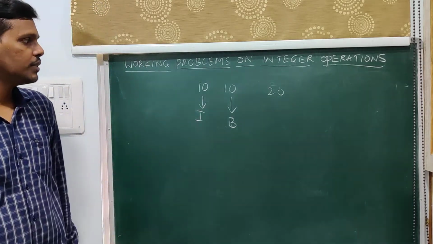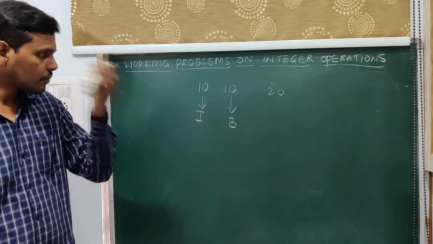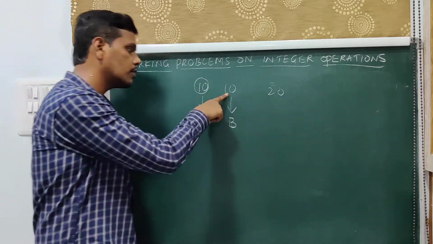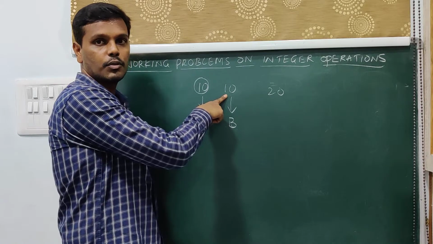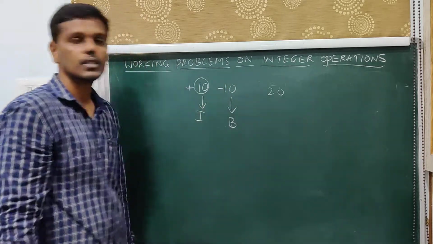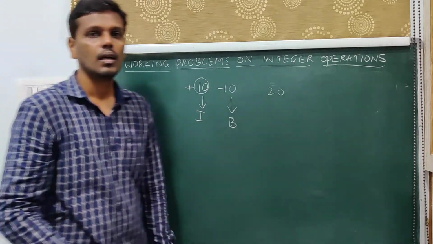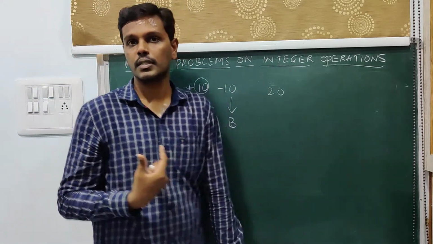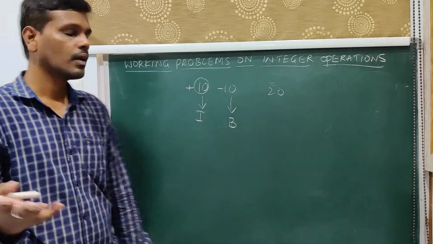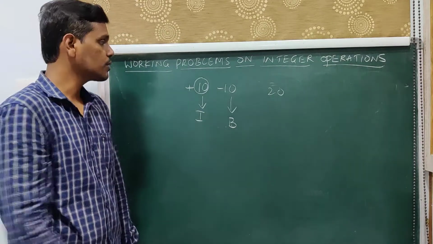Of course the value might be the same, but this is the 10 which remains with you, whereas this 10 will always be taken away from you. Therefore we represent this with minus 10, whereas this with plus 10. That is the amount which I retain with myself, I am assuming it as plus 10, and the amount which will be away from me, I am representing it as minus 10.